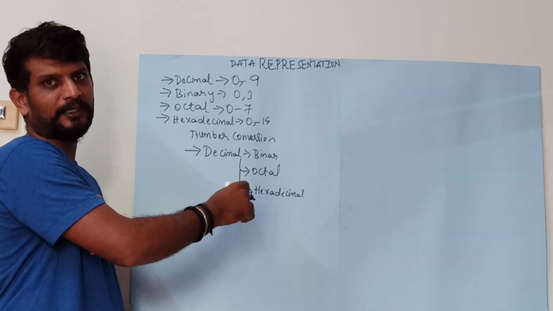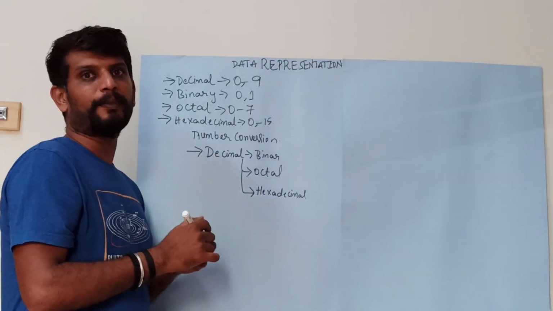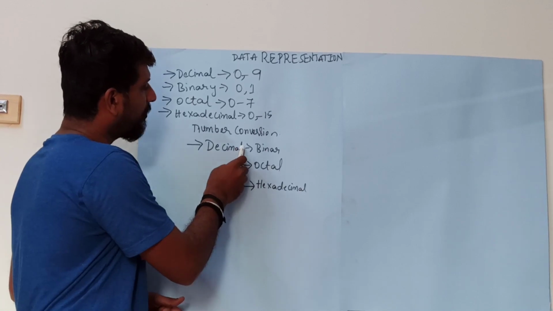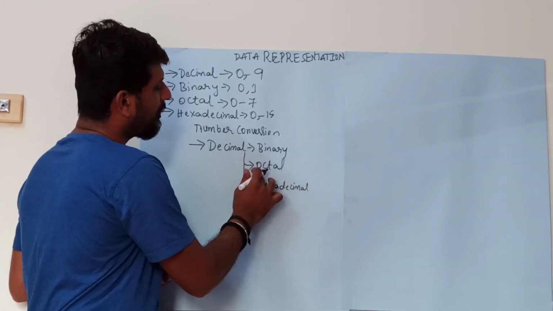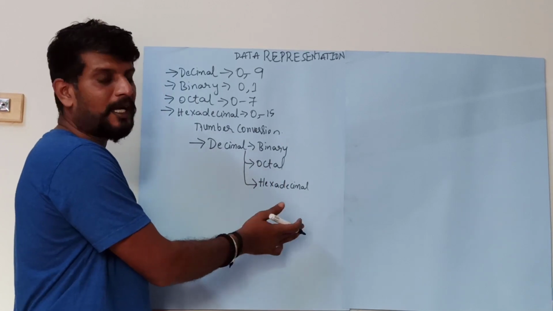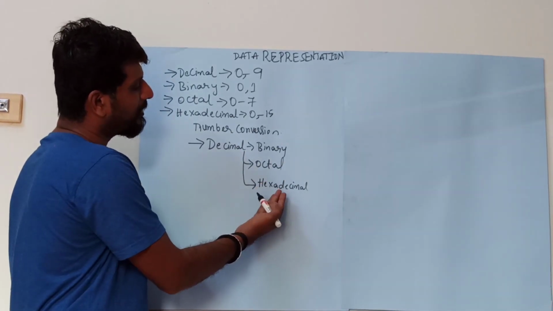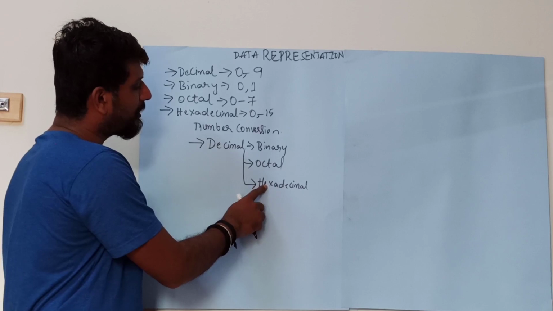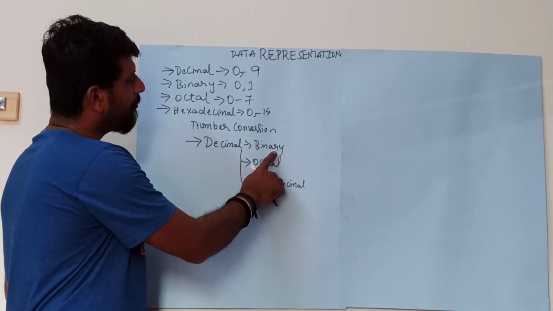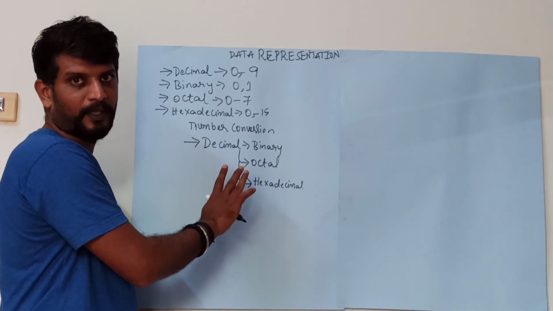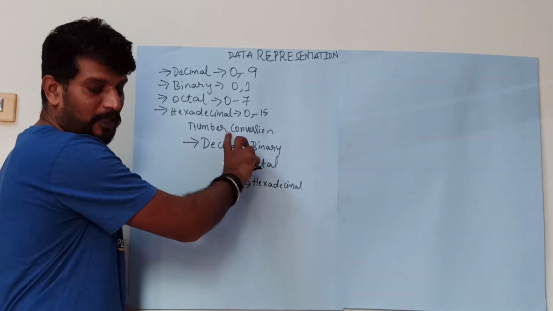So you have to remember the basics. In the same way, you can convert back: hexadecimal to decimal directly, octal to decimal directly, and binary to decimal directly. Okay. So this is the basic thing you have to remember.